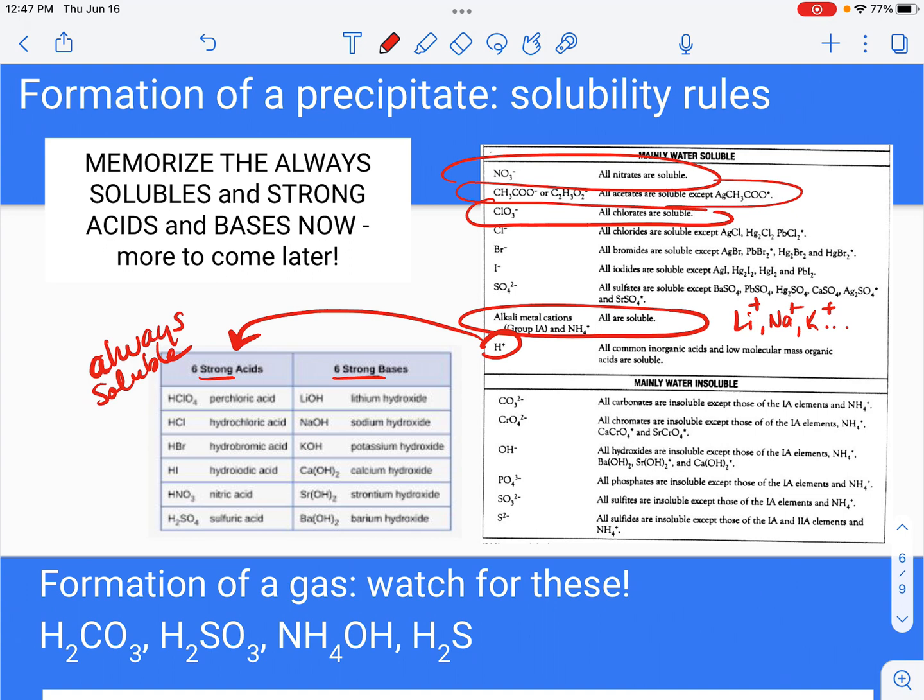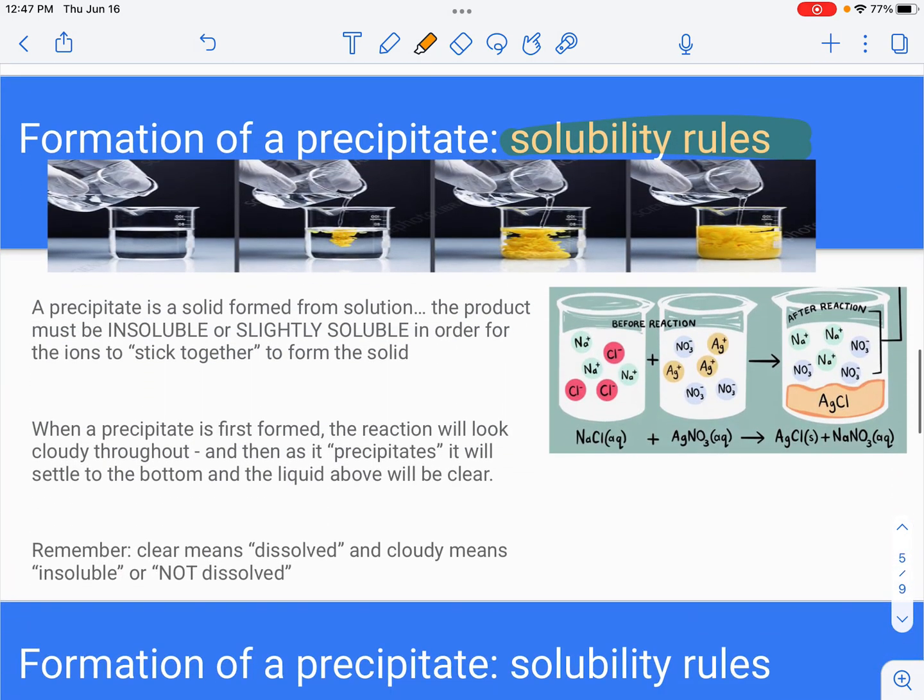So I would really like you to memorize those things. You should be memorizing the 6 strong acids as 100% soluble. You should be memorizing the 6 strong bases as 100% soluble. And you should be memorizing group 1A and ammonium, nitrate, acetate, chlorate. All right, so that's important. After that, you have to read carefully to decide if compounds are soluble or not.